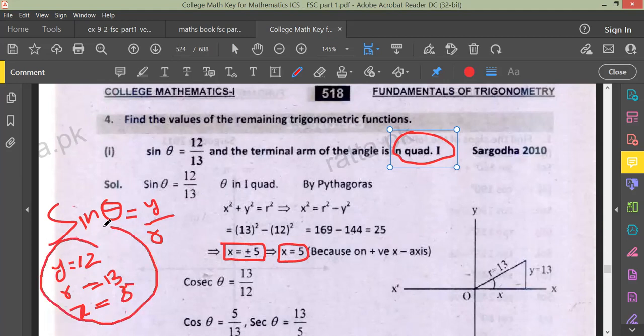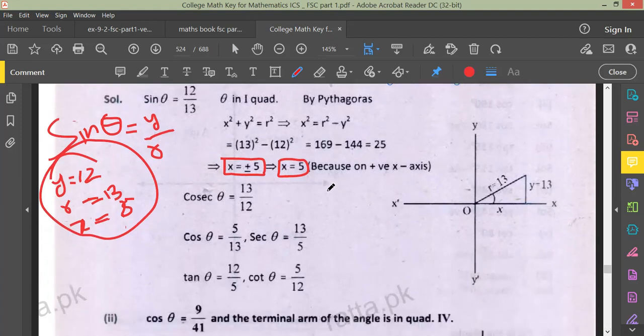So we will apply these values in our question to find the final answer. Cosecant: sine is 12 over 13, so cosecant will be the inverse, which is 13 over 12. We know that cos theta is base over hypotenuse, so this will be equal to x over r. The value of x is equal to 5, and the value of r is equal to 13.